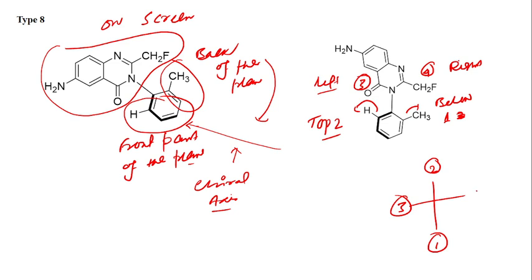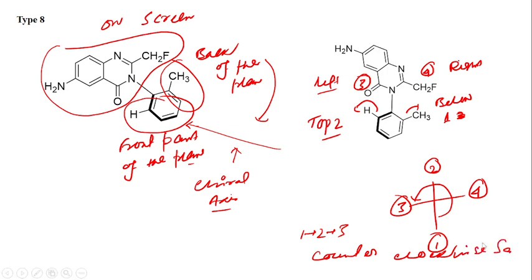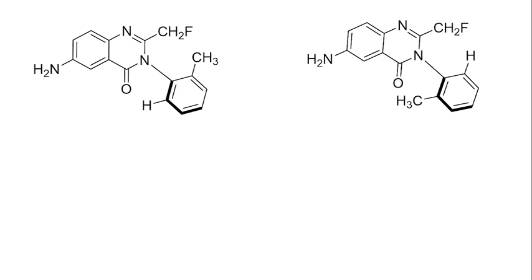So this is 4. So 1, 2, 3 is counterclockwise. So it is SA.